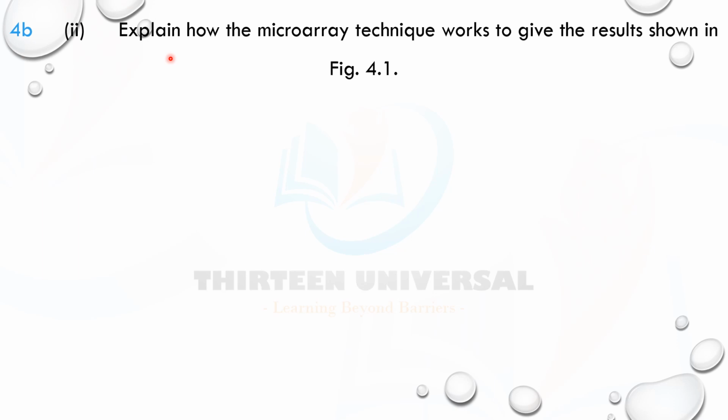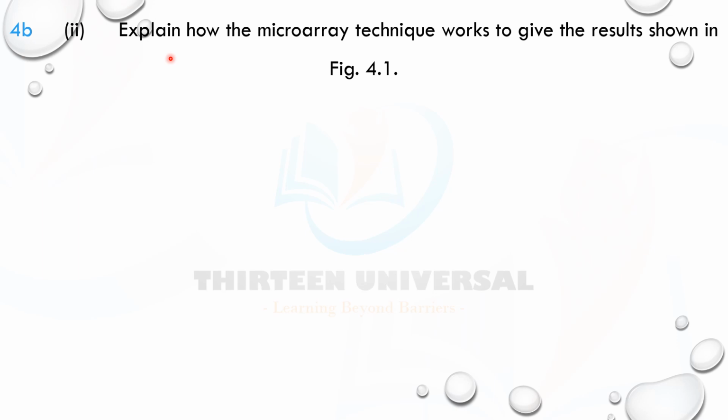The next thing, because they said how, there's a sequence there. The DNA fragments are then mixed with the DNA probes in the microarray, and hybridization is allowed to occur. Hybridization is when these DNA strands form hydrogen bonds with the complementary probe.